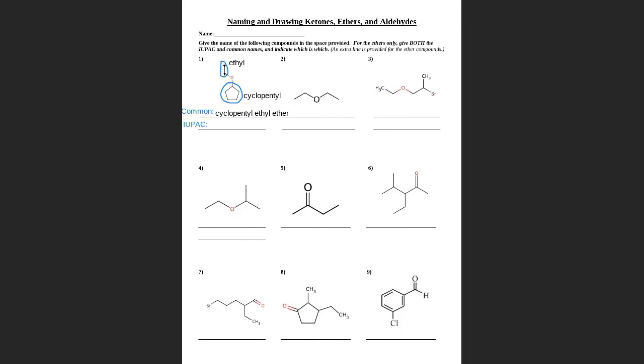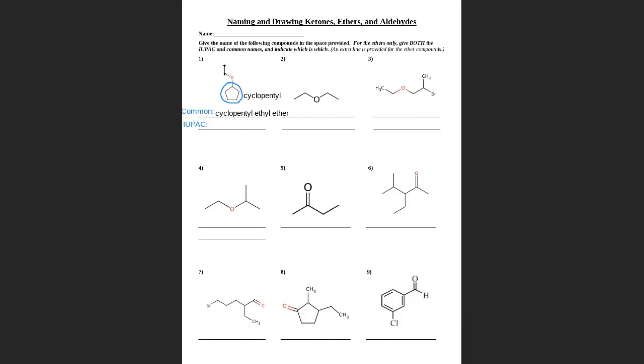Now, alternatively, if I'm doing the IUPAC naming, what I do is I look at both sides, and I look at the longest carbon chain, or the biggest carbon group. So which one of those two groups that's attached to that oxygen is bigger? Which one has more carbon? Yeah, the cyclopentyl. So for the IUPAC name, I deal with this a little bit differently.